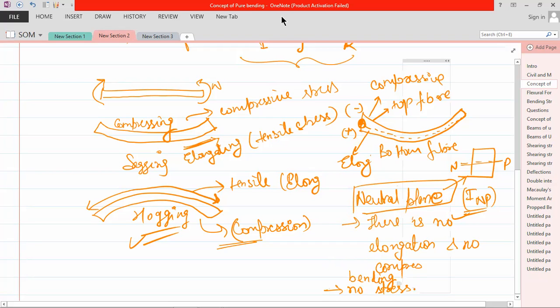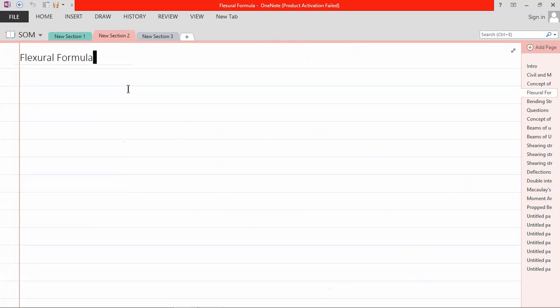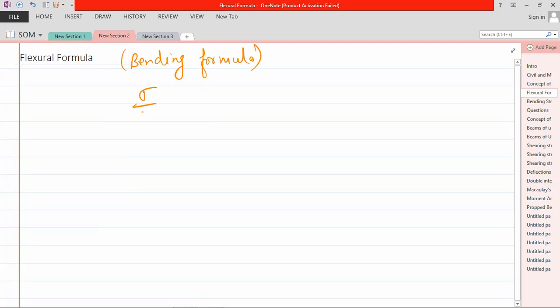Okay, so I am going with the flexure formula, also called the bending formula: sigma by y is equal to E by R is equal to M by I. Now, every symbol has meaning.